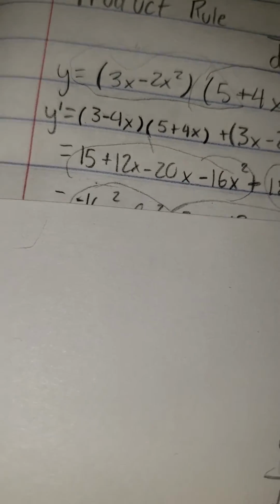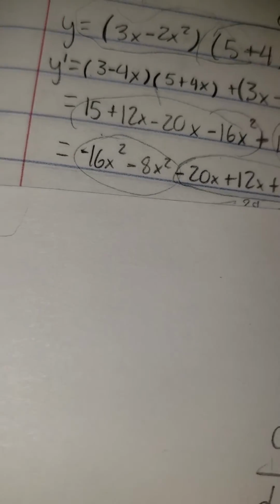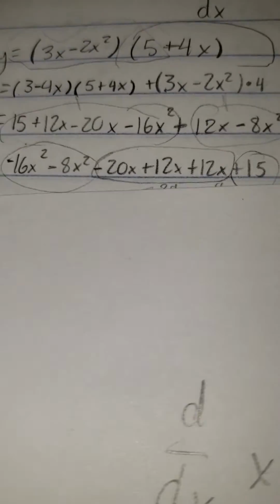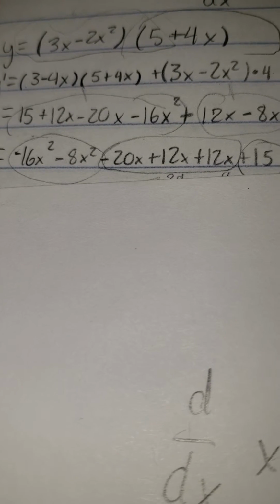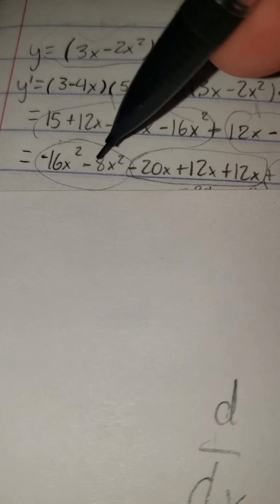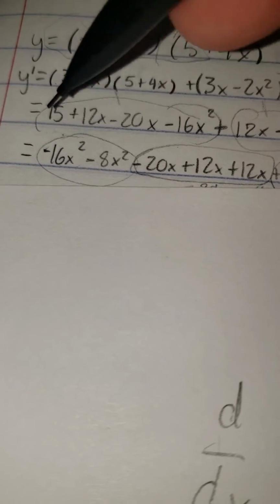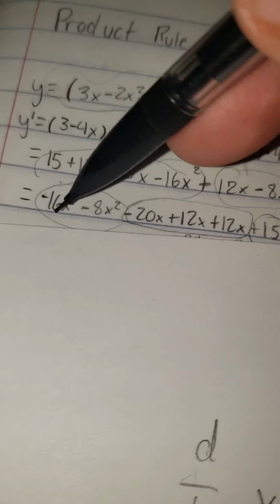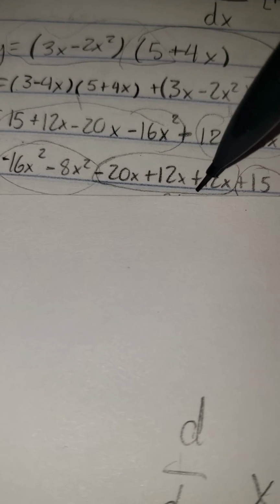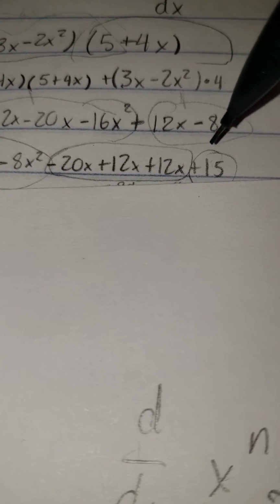From that, you would end up combining like terms, or really what you'd end up doing is rearranging it to make it more manageable. At least that's what I do. It's easier to combine like terms, so it turned out to be negative 16x squared minus 8x squared minus 20x plus 12x plus 12x plus 15.